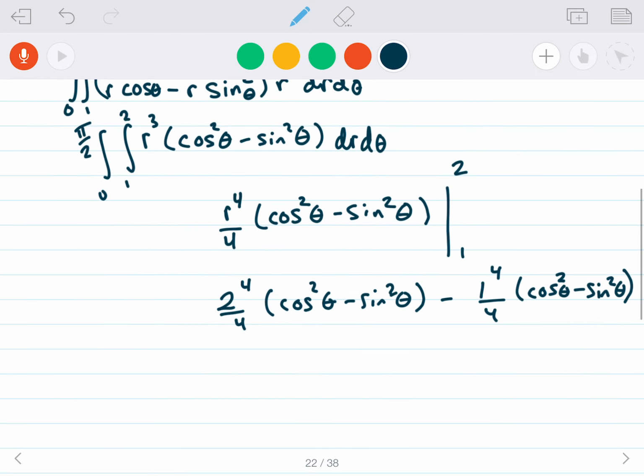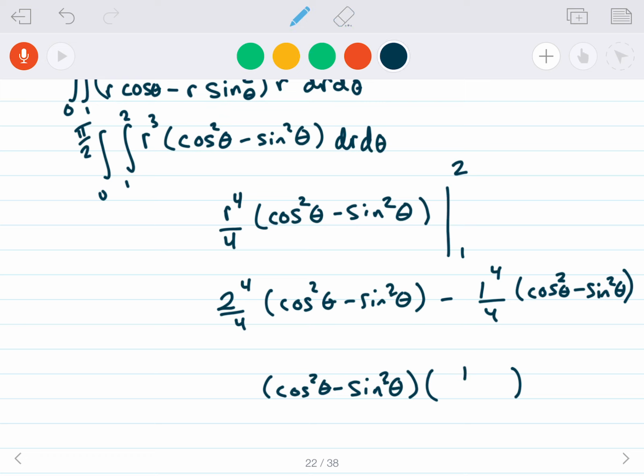Factoring out the cosine squared minus sine squared, I'm left with that times 2 to the 4th over 4, which is 4, minus a fourth. 4 is the same thing as 16 fourths, so 16 fourths minus 1 fourth is 15 fourths.